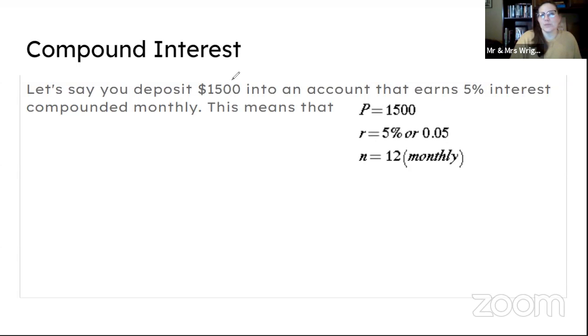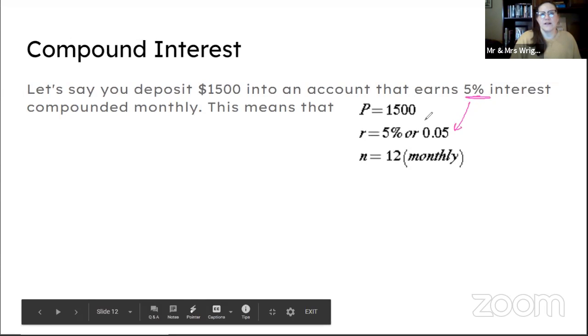So P stands for principal, or the initial investment, the starting value, 1,500. And our rate is 5%, and as a decimal, that's 0.05. It says it's compounded monthly, which means our n is going to be 12.